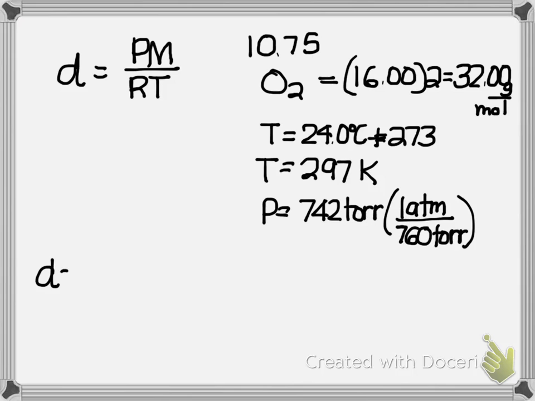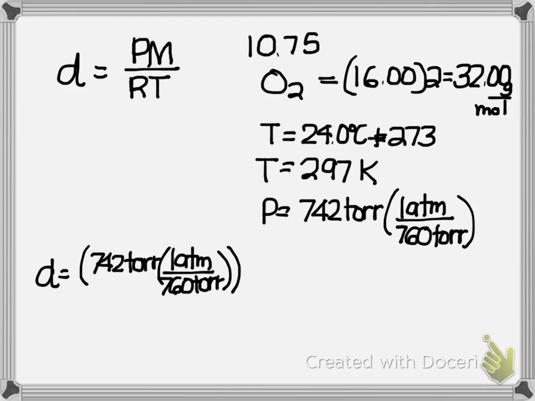So D equals the pressure. And remember, I have been doing the pressure conversion inside the problem only because I have found that it gives me closer answers to what's in the back of the book. So there's the pressure, and then the molar mass for oxygen is 32.